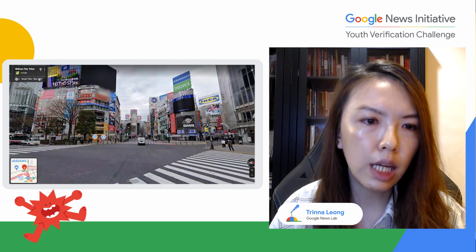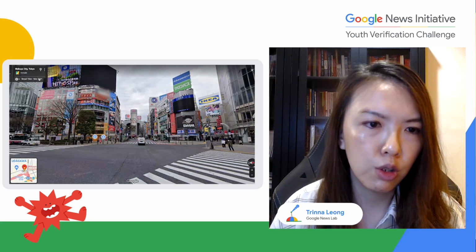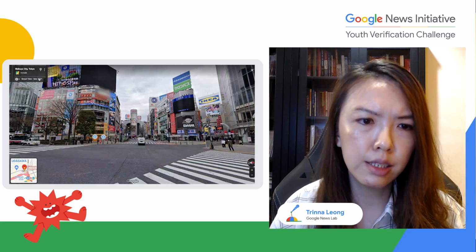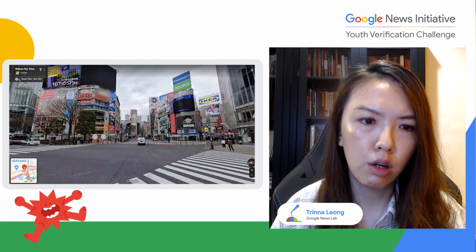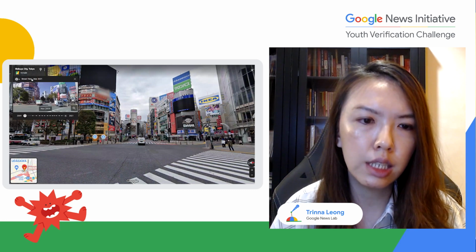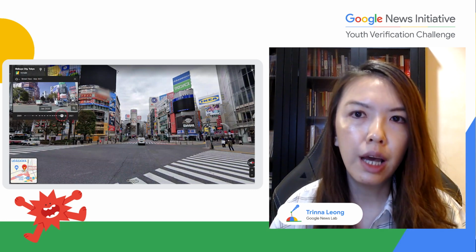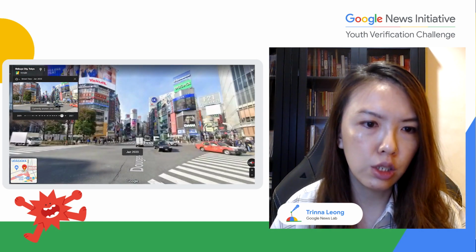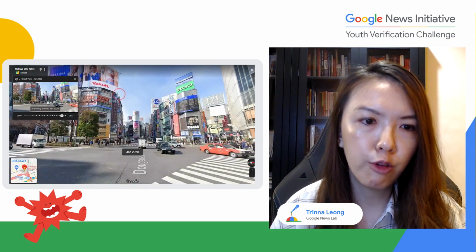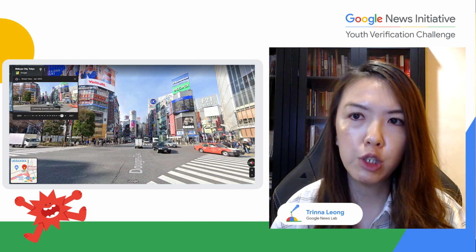So what I can do is that I notice next to the street view, and this month, March 2021, there is a clock icon. Once I click on the clock icon, I can see that this box pops up and it shows me all the different dates that I can select for historical street view imagery.